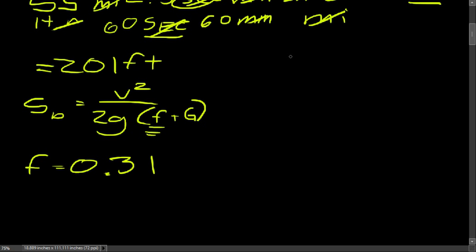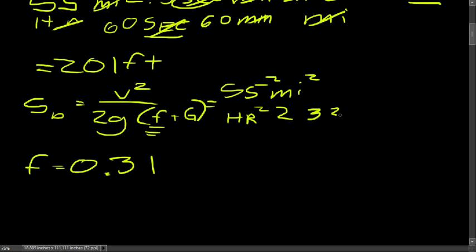So let's work this out. This is 55 miles per hour. Since that's squared, everything is squared. Miles squared, 55 squared, hour squared, times 2 times 32.2 feet per second squared.